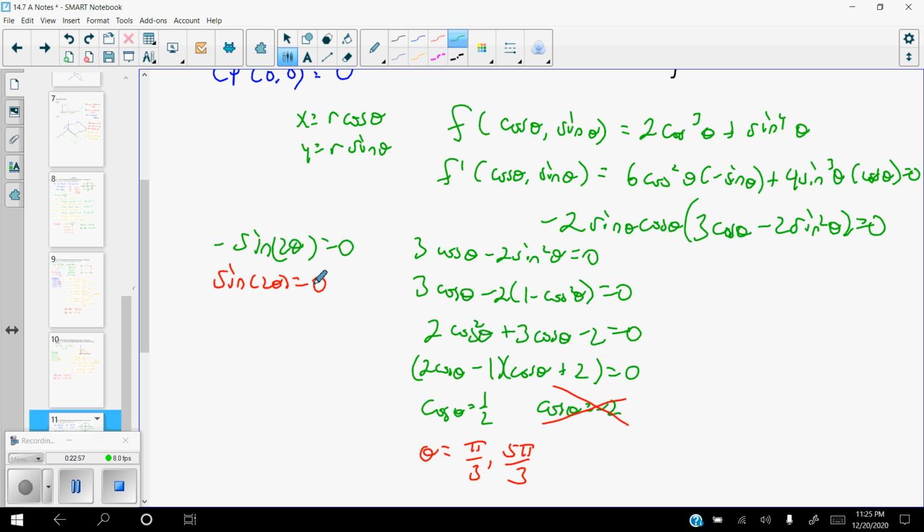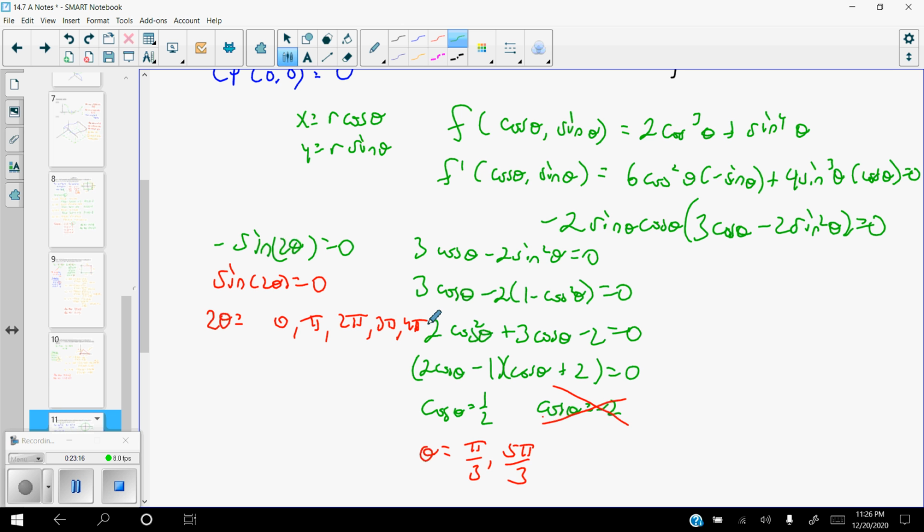Well, we know that sine is going to equal 0 at 0, pi, and 2 pi. But remember that that's 2 theta, which means I really have to go further around the circle, which means I've got to go to 3 pi and 4 pi.